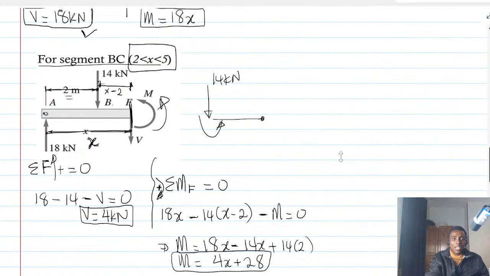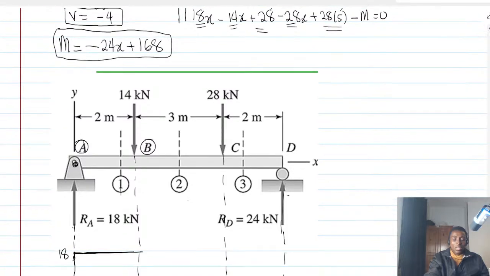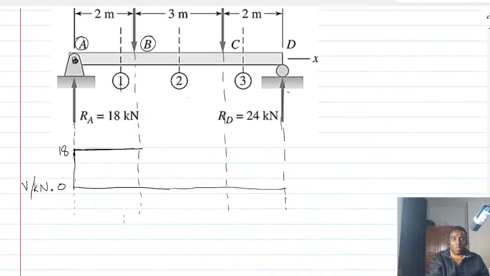Now after cutting between B and C, you realize that the shear force was what? 4. It means that the shear force between B and C reduced from 18 to 4.